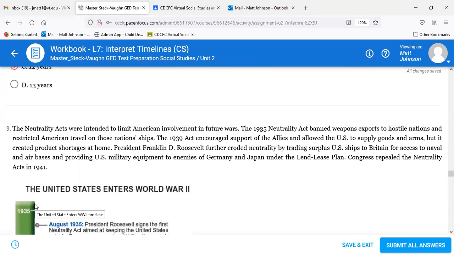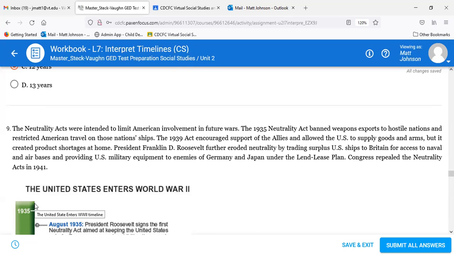The Neutrality Acts were intended to limit American involvement in future wars. In 1935, the Neutrality Act banned weapons exports to hostile nations and restricted American travel on those nations' ships. The 1939 Act encouraged support of the Allies and allowed the US to supply goods and arms, but it created product shortages at home.